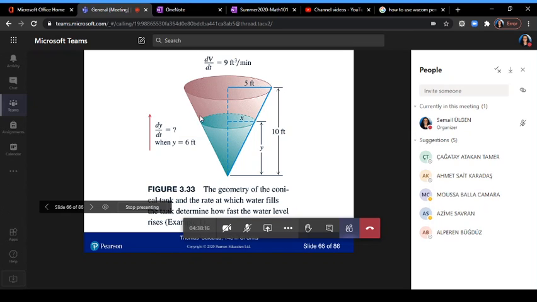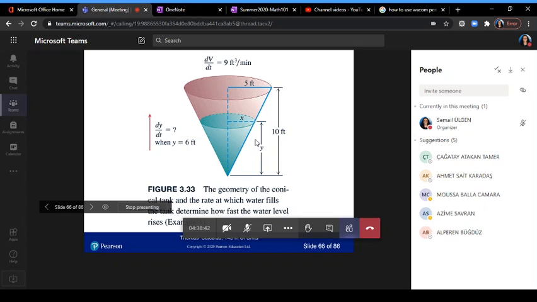This is a circle here, and we just say it is unknown, so we put an x here, and there's a geometric relationship with Thales. It says x over 5 is equal to y over 10. So this is a geometric relationship that we can use to get a relationship between y and x.